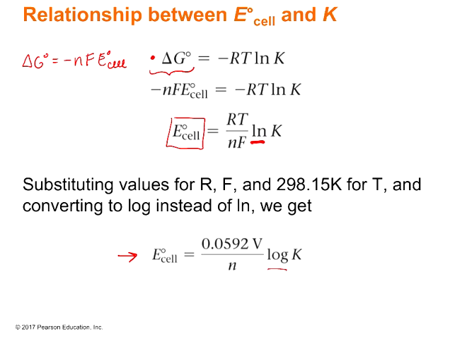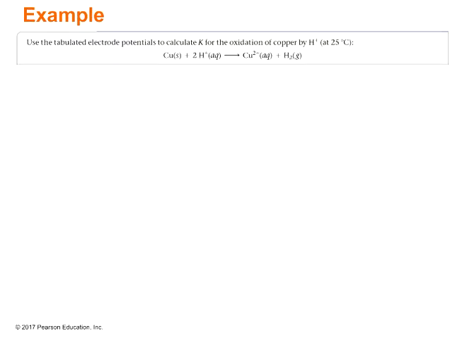All right, so we're going to use this equation, and let's go over an example. We're going to use the tabulated electrode potentials to calculate the equilibrium constant K for the oxidation of copper by hydrogen at 25 degrees Celsius.